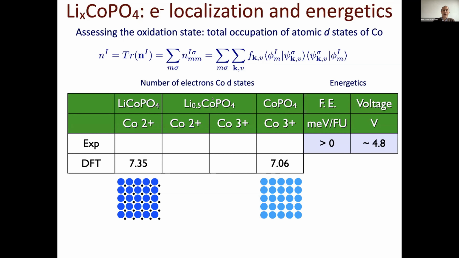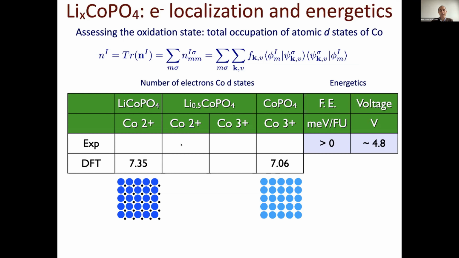So for any intermediate lithium concentration, we need to have basically what is called a mixed valence state, with a collection of cobalt ions in 2+ and 3+. So for example, if we have half of the lithium, the maximum lithium possible that the structure can take, we should have half of the cobalt in the 2+ state and the other half in the 3+ state.